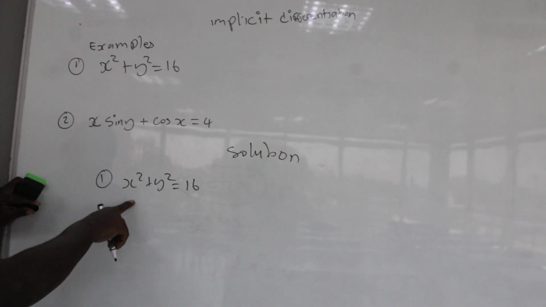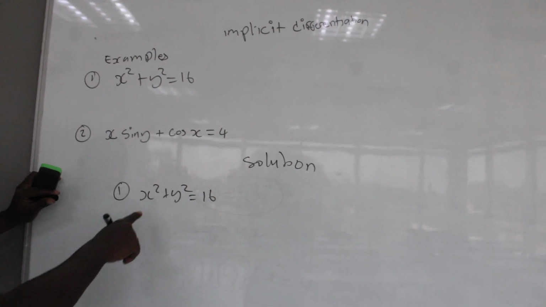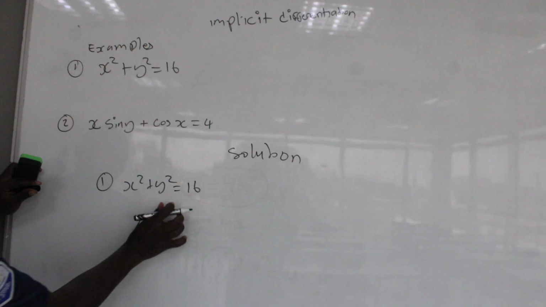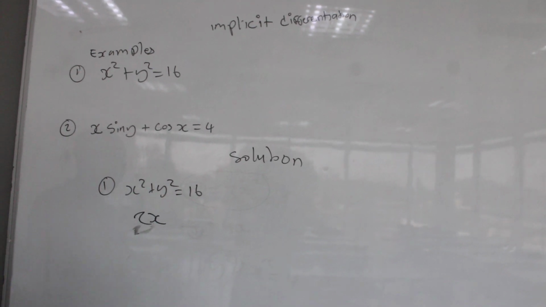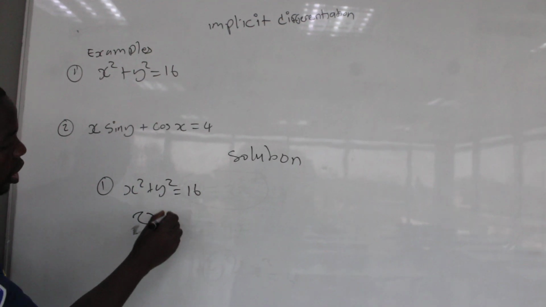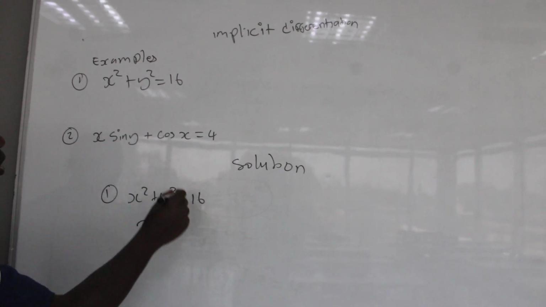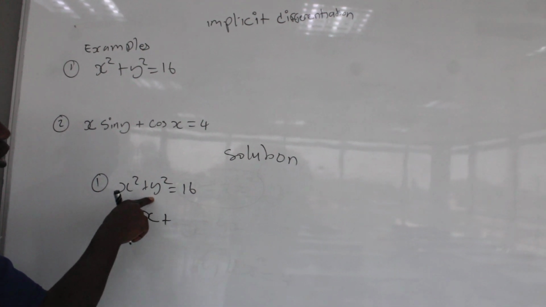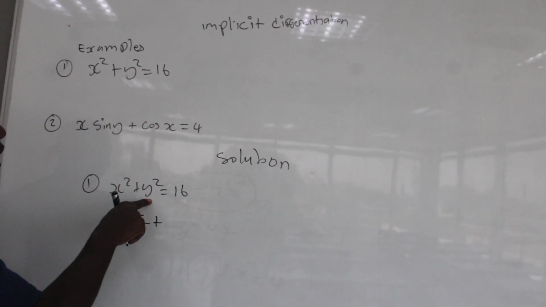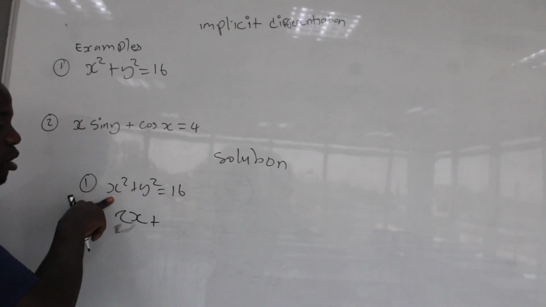You know that dy/dx of x squared is 2x. Now what about y squared? We are differentiating y with respect to x. This is the independent variable, and this is the dependent variable.